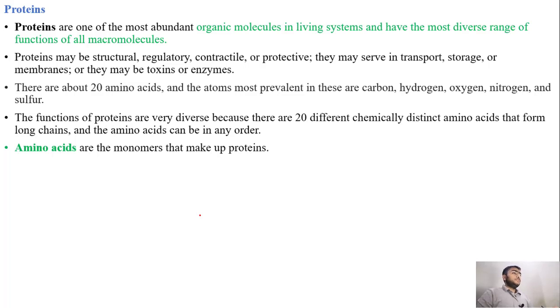Now one of the most important ones, proteins, which are found almost everywhere, are the most abundant organic molecule in living systems and have the most diverse range of functions of all macromolecules.